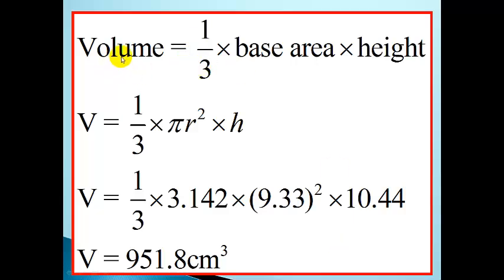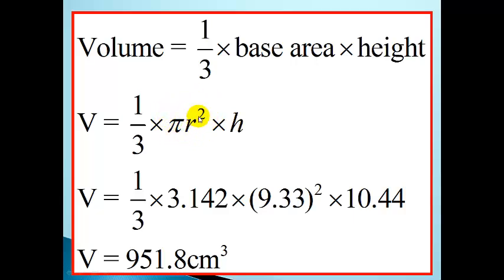Now from the question, we are asked to find the volume of the cone. And the volume of a cone is given by 1/3 times the base area times the height. So V equals 1/3 times pi r squared. Why pi r squared? Because pi r squared is the formula for calculating the area of a circle.